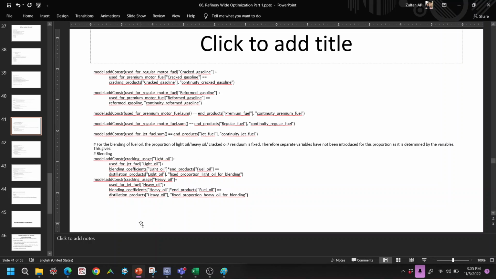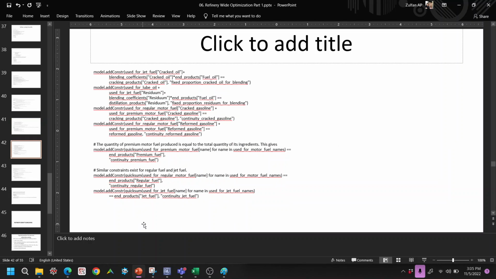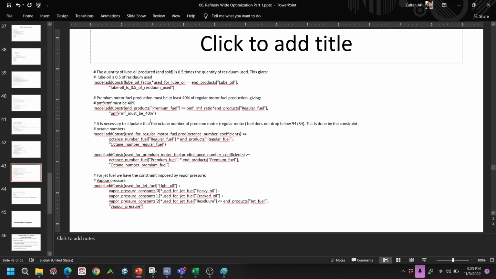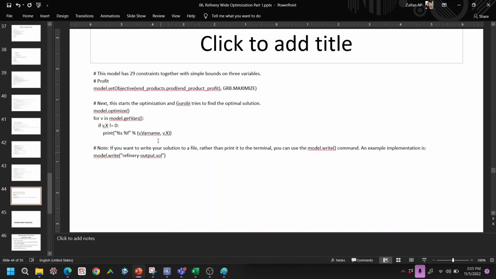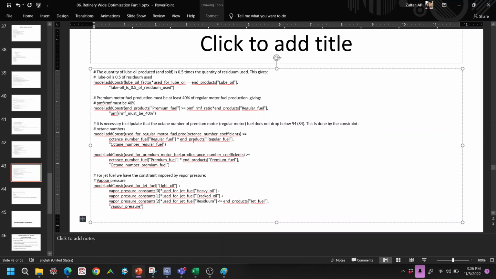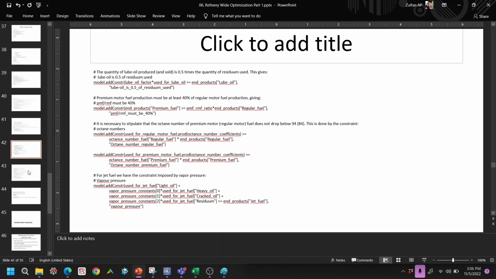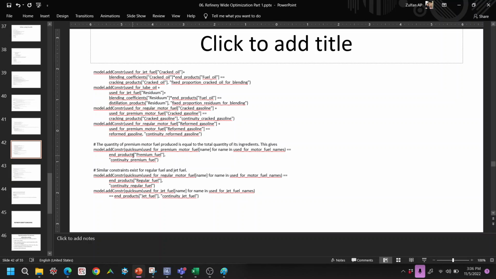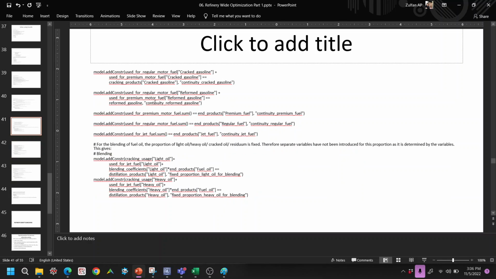Just look at this and see if you can find it. If not, let me know. Product, and then octane number, constraints, optimize objective, and products, and product profit. So you have to look for this data and then maximize using Gurobi. We have the end product variable.